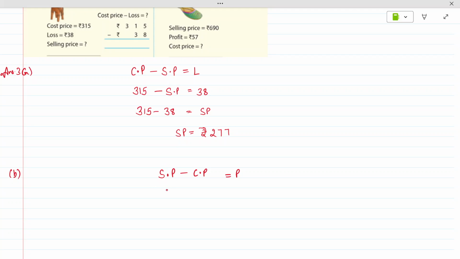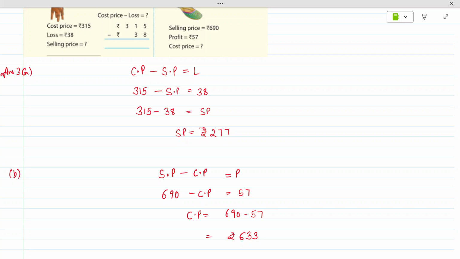Now, the value of selling price is 690, CP we have to find out, and profit is rupees 57. Again, we will equate it and we will get CP is equal to 690 minus 57. 10 minus 7 is 3, 8 minus 5 is 3 again, and 6.